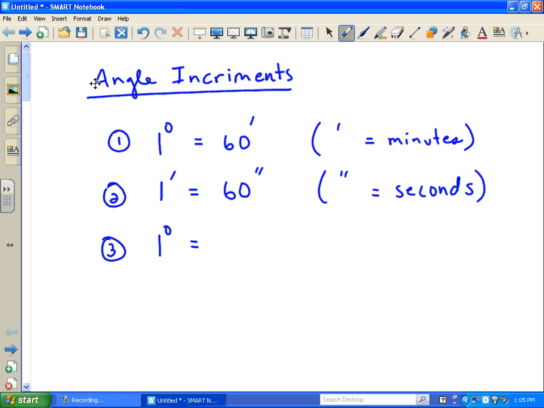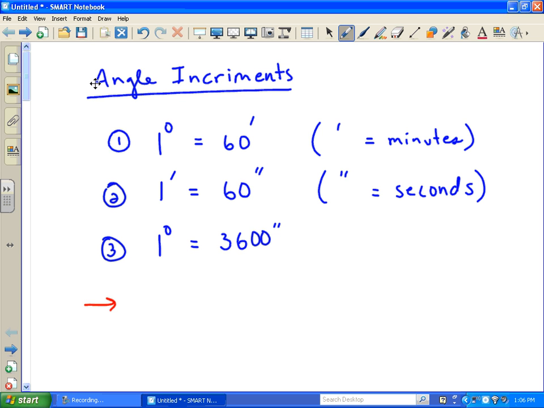Think about if in 1 degree there are 60 minutes, in each minute there would be 60 seconds. So there's a total of 60 times 60 seconds in a degree. And so 1 degree is equal to 3,600 seconds.